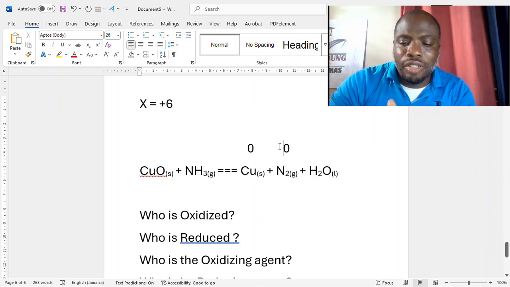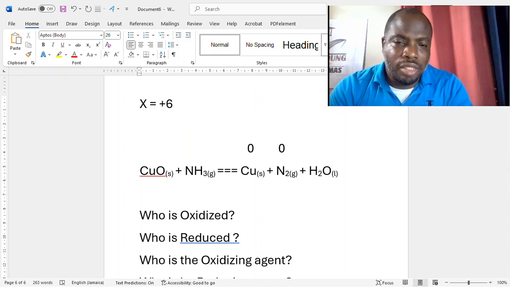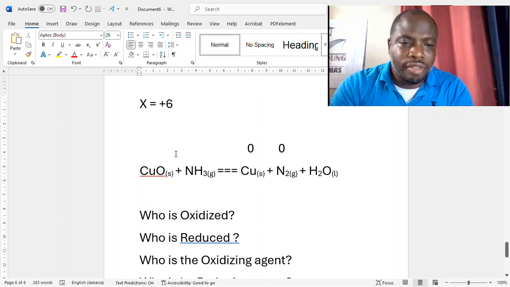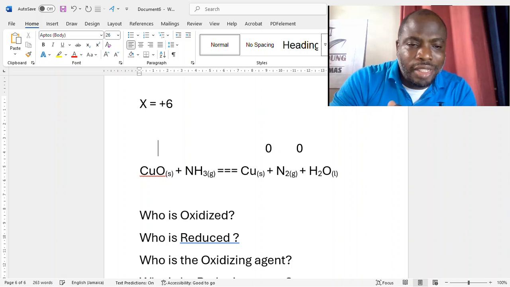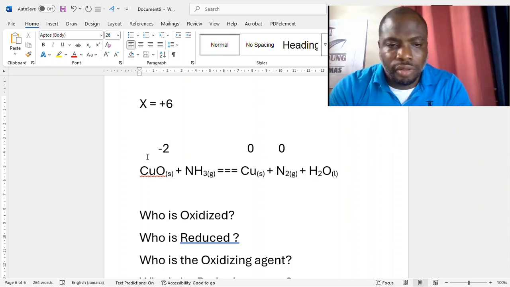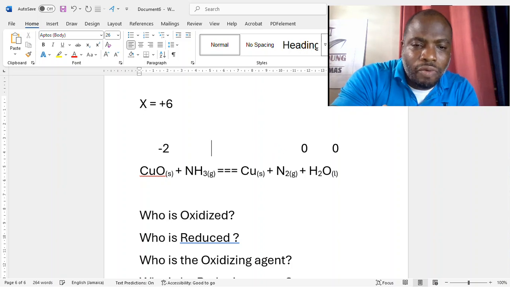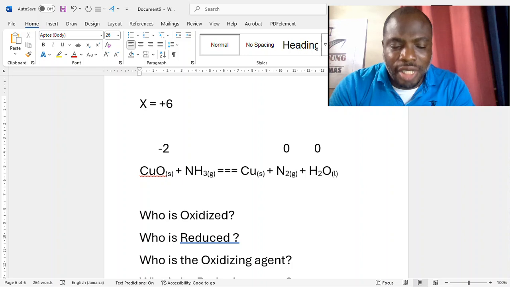Those are the first, I would say, simple ones that we can relate to. Let's relate to some other simple ones. Look at this right here, so jump back to the copper oxide. We know oxygen in this is equal to -2. Let's jump back to one where we also know the hydrogen.